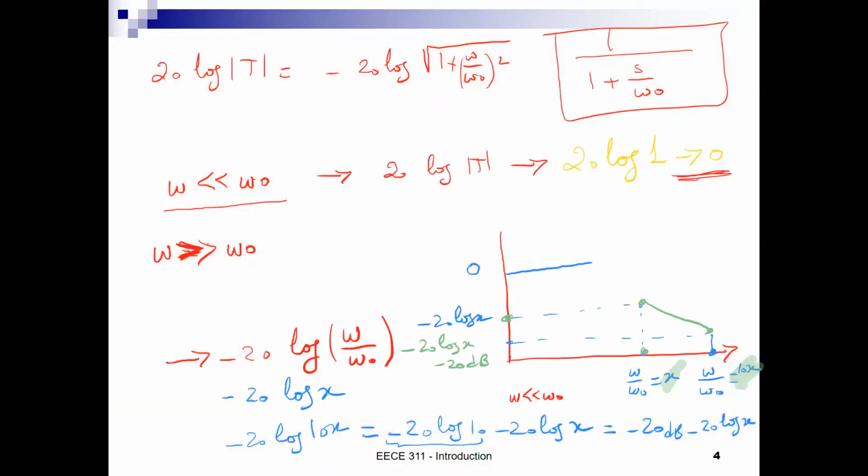So what happens here, if we want to summarize our findings, first we started with T equal to 1 over 1 plus s over omega 0. We concluded that if omega is much smaller than omega 0, 20 log T is going to be 0 dB.